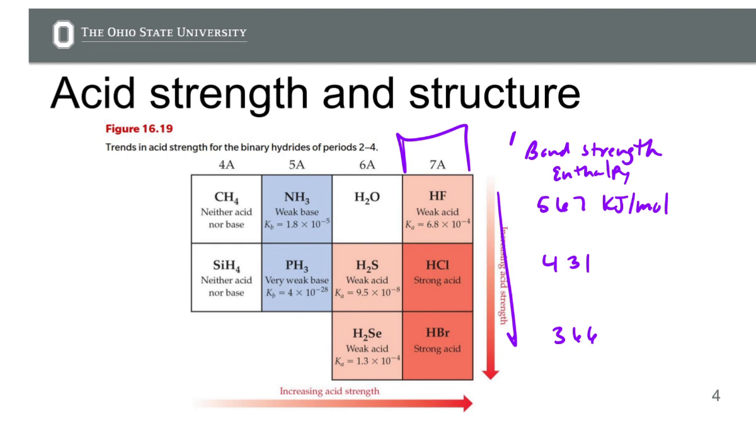So the bond strength decreases as we go down this list of group 7A hydrides. When the bond strength is stronger, the proton is less likely to leave. The Ka is smaller. Does that make sense? Okay.